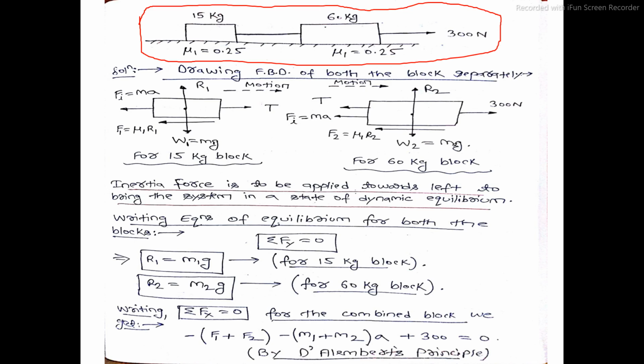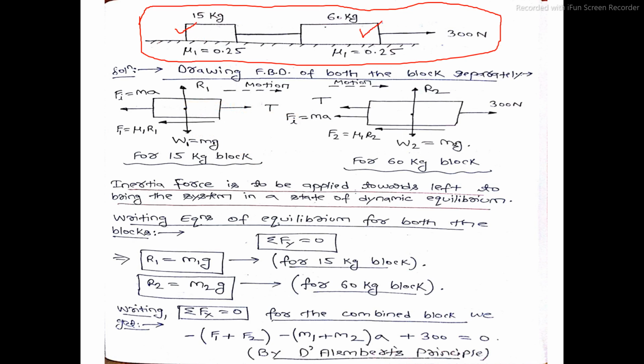So basically, what is given in the problem and what you need to find out. In this problem there are two blocks. One block is of mass 15 kg, and that is this one. Another block has a mass of 60 kg. This is that block.